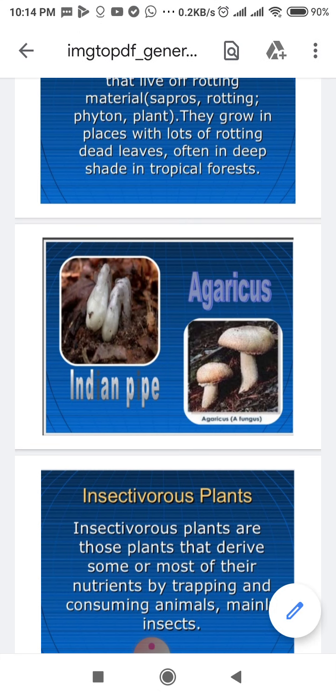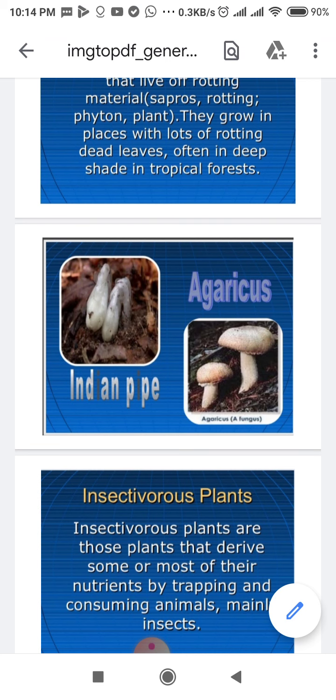Next, we are going to learn about insectivorous plants. Insectivorous plants are those plants that derive some or most of their nutrients by trapping and consuming animals, mainly insects. So, from the word itself, it is clear that insectivorous plants depend on insects.